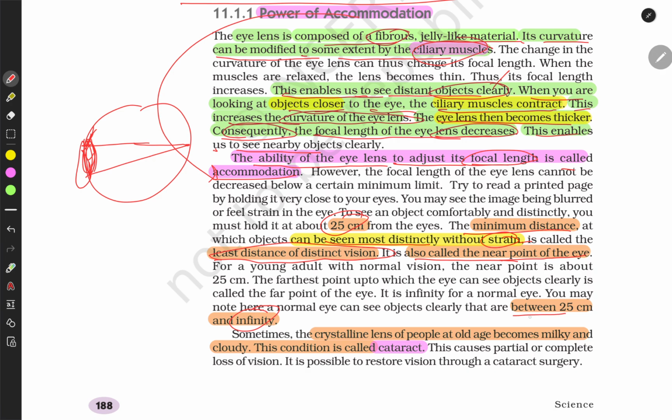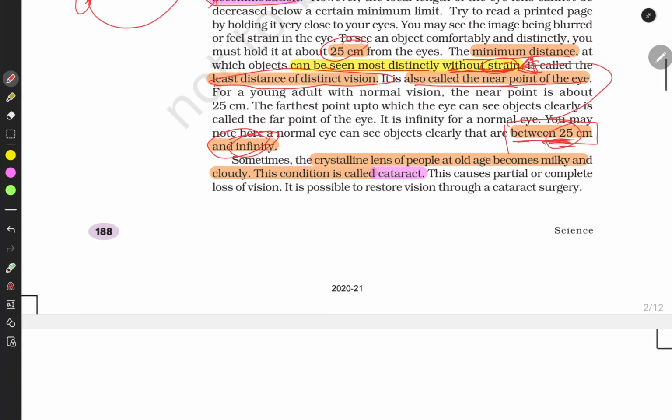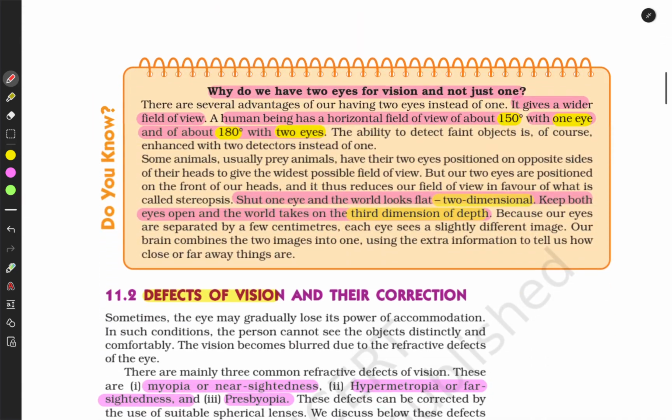So we have this accommodation between 25 centimeter to infinity. We can even see objects closer than 25 centimeter, but then we will have a strain in our eyes. Without strain, 25 centimeter is the minimum distance for the ciliary muscles and the lens to accommodate.